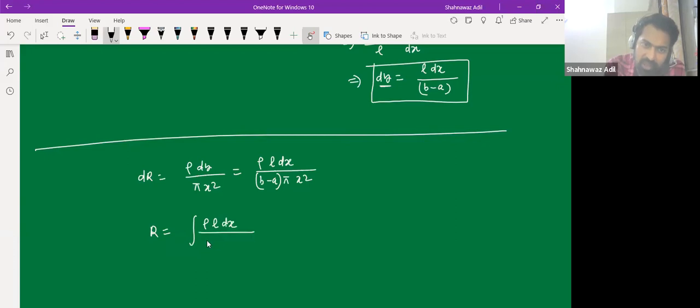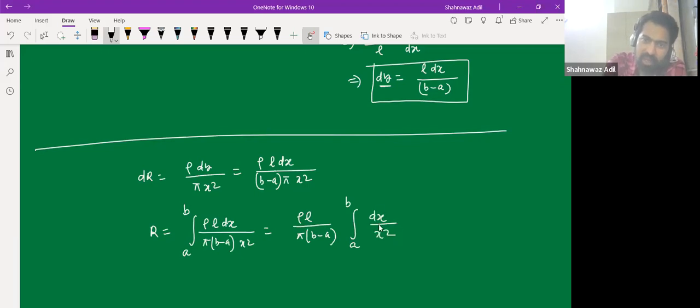So what is the limit of x? The limit of x is from a to b. Rho L by pi (b minus a) is taken outside. This is the integral of dx by x square.